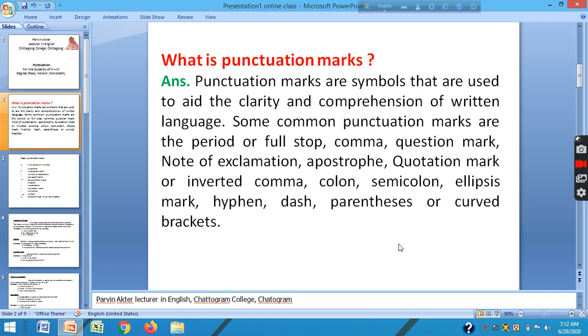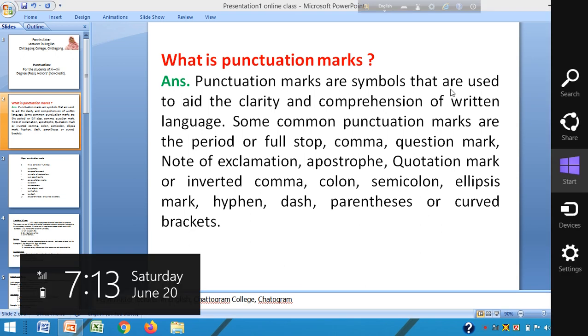Punctuation marks are symbols that are used to aid the clarity and comprehension of written language.